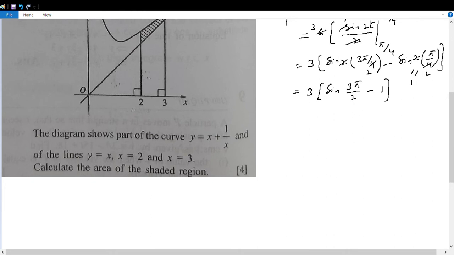Now let's use the calculator to get the answer.